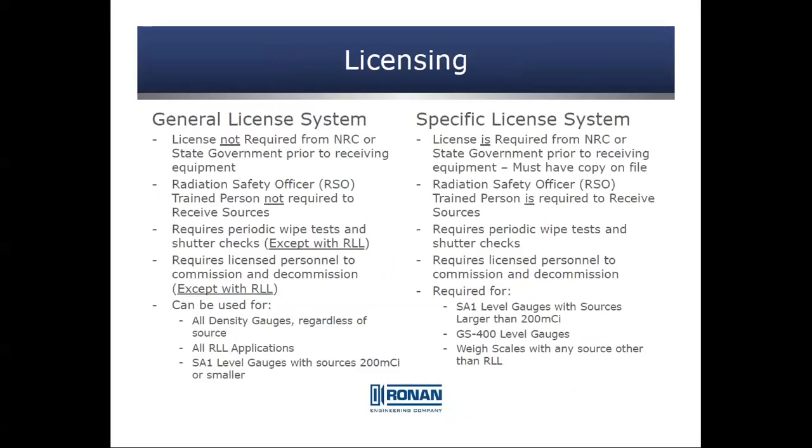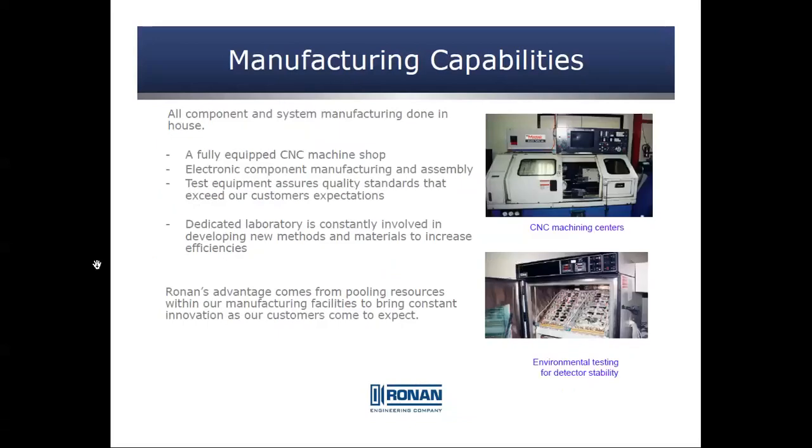We won't talk about licensing today. Manufacturing capabilities here in Kentucky. So we make everything in-house. We've got a full CNC machine shop. We have an electronics area that puts things together and prints the boards.